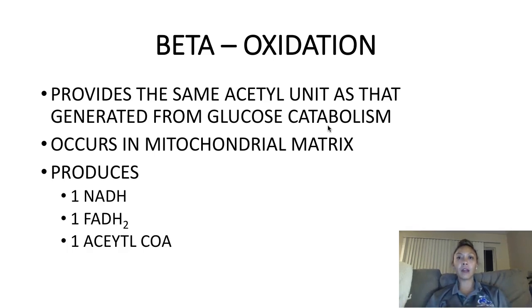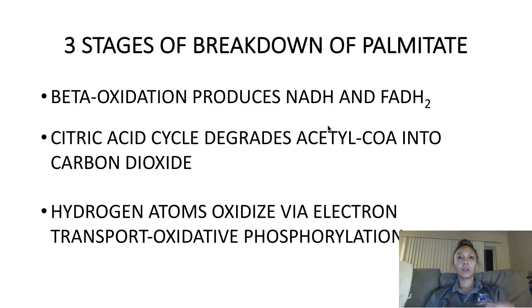So at the end of beta oxidation, we get 1 NADH, 1 FADH2, and 1 acetyl-CoA. And we go through several rounds of this beta oxidation in order to get the full breakdown of palmitate. So the 3 stages to break down palmitate are that it produces the NADHs and the FADHs to make ATP.